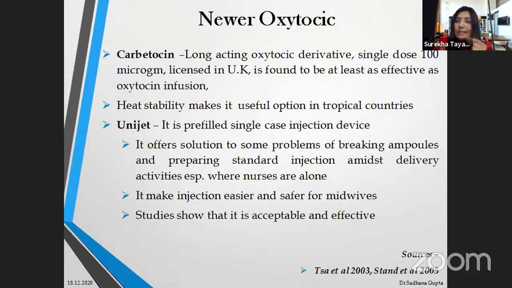So that has come as a deterrent. For PPH also we have to keep misoprostol ready, and so it is becoming a problem. Though WHO is recommending it as a second line drug for prophylaxis of PPH, still in our state it is not very easily available.